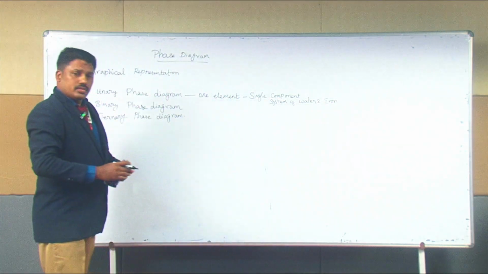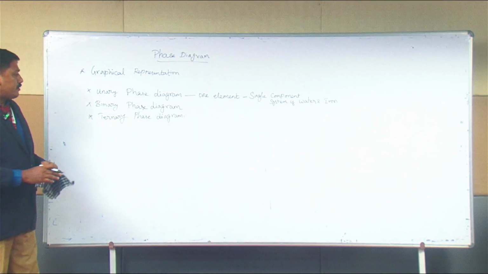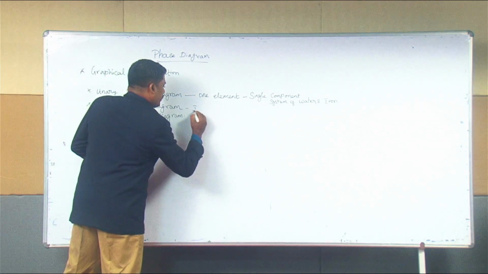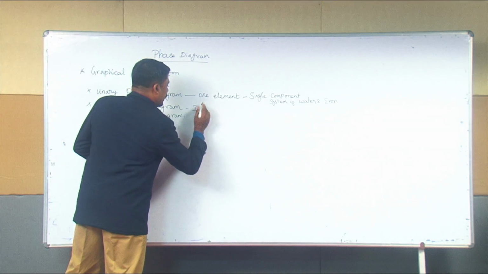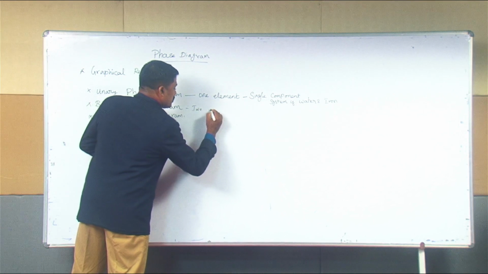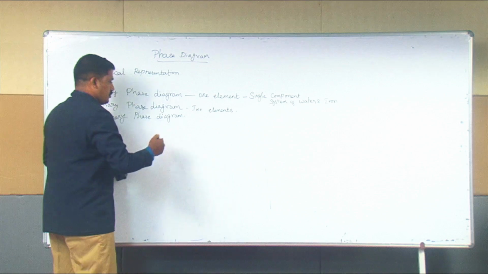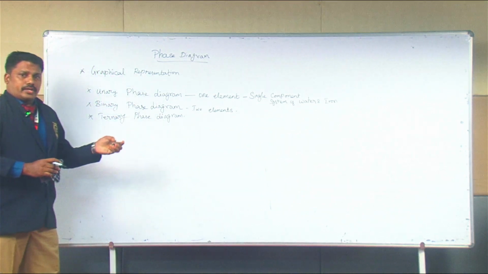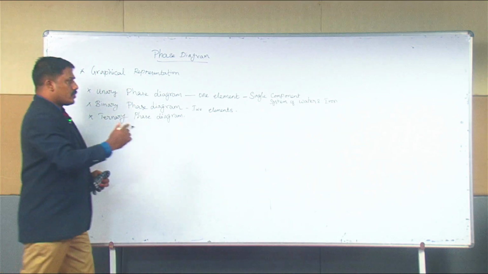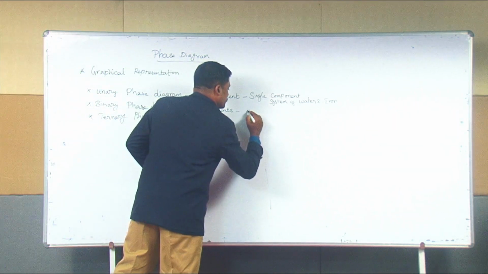In this lecture, I'm going to talk about only the binary phase diagram, such as the isomorphous phase diagram. A binary phase diagram contains two elements. The phase diagram plot will be drawn between composition and temperature.